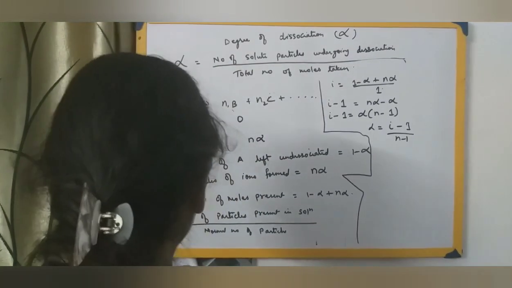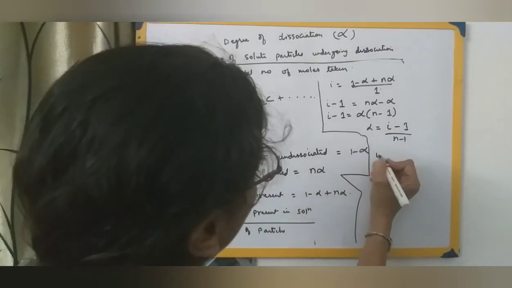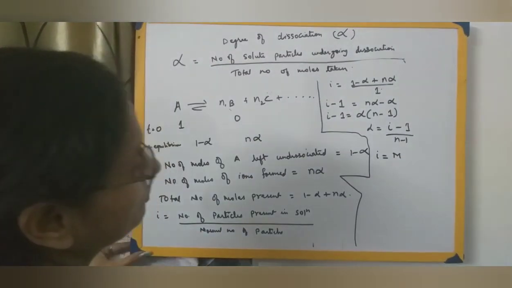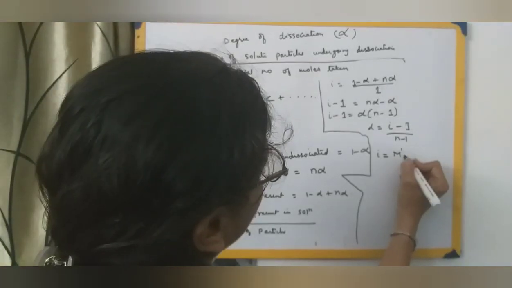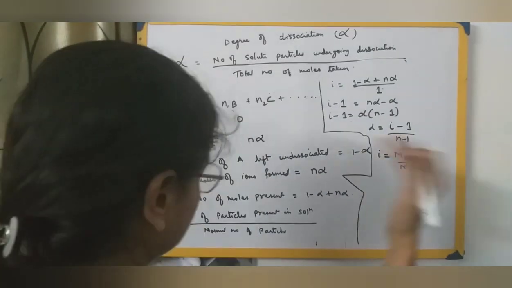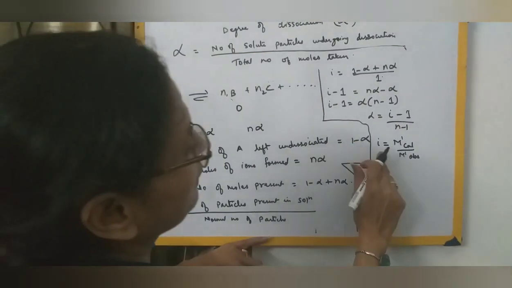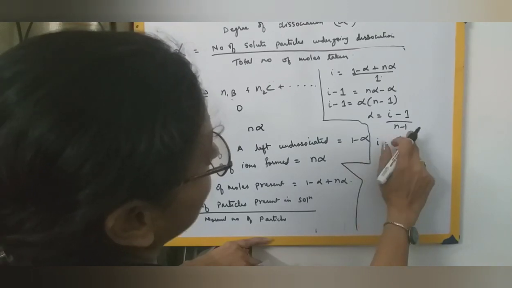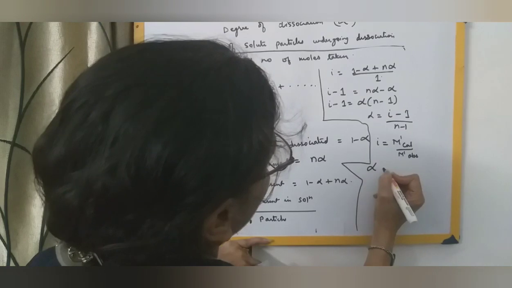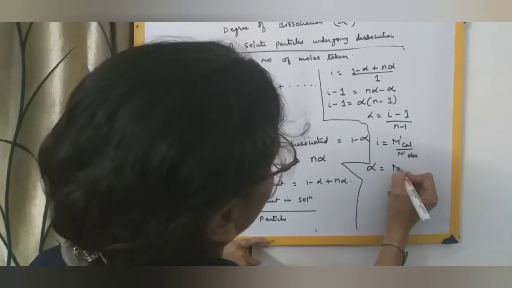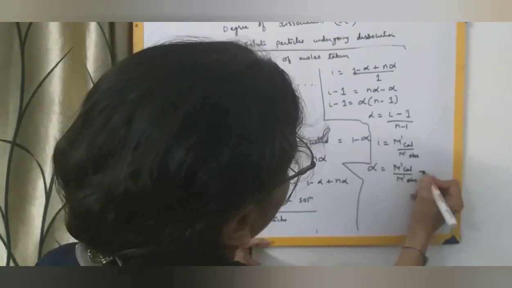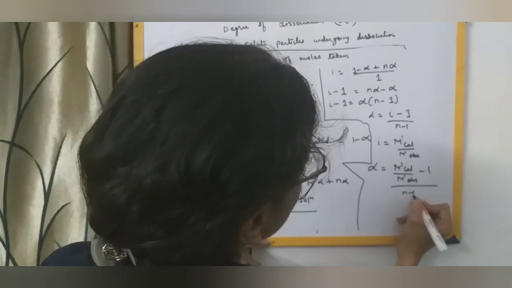Now we already know what i is. If we compare on the basis of molecular mass, i is equal to m dash calculated upon m dash observed. We have already seen this. So we substitute this value of i into this equation. That is alpha, or degree of dissociation, is equal to m dash calculated upon m dash observed minus 1, upon n minus 1.